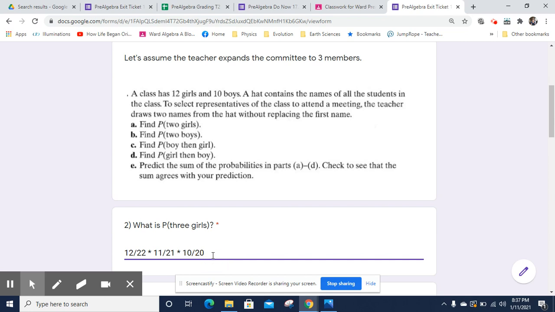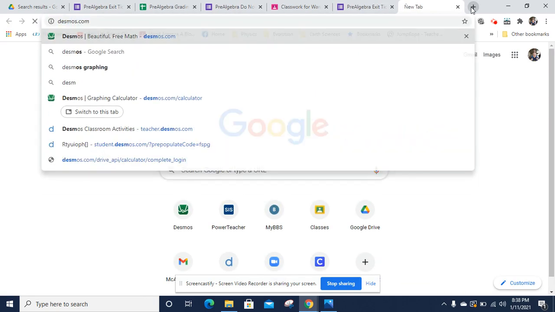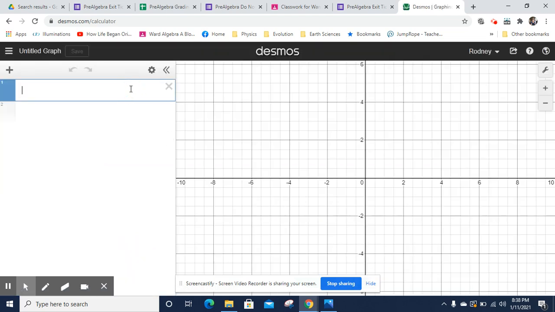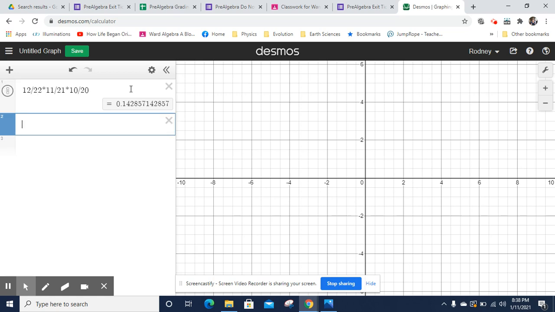Okay, and that can be simplified a bit, but I'm going to go on to Desmos, and I'll show you how it might look there. Copy and paste that into the Desmos graphing calculator. I don't like the way that's formatted, so I'm going to reformat it.